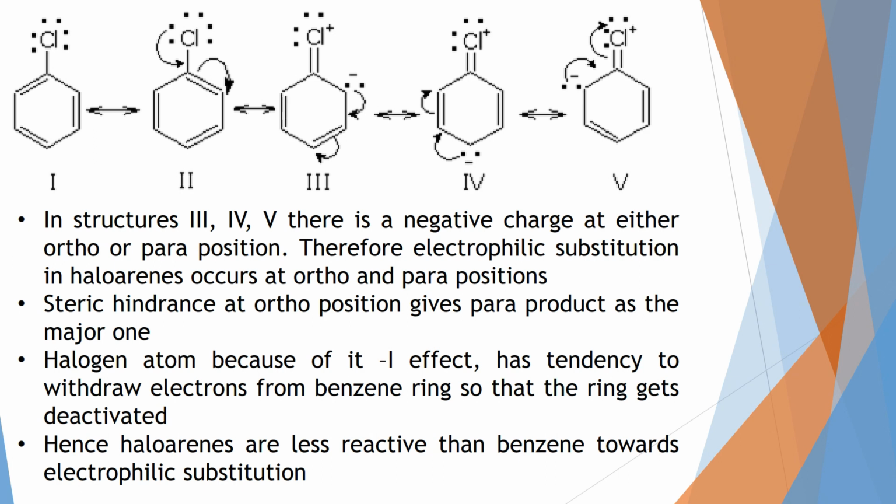However, because of the resonating structures of the chlorobenzene, the positions like those ortho positions and para positions with respect to the chlorine atom are more susceptible for the electrophilic attack.